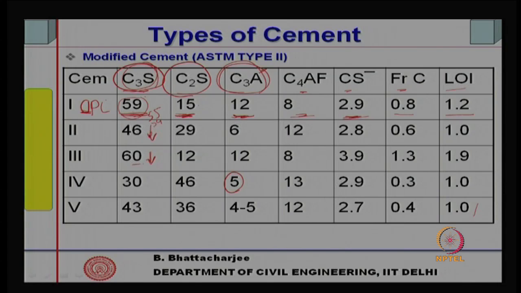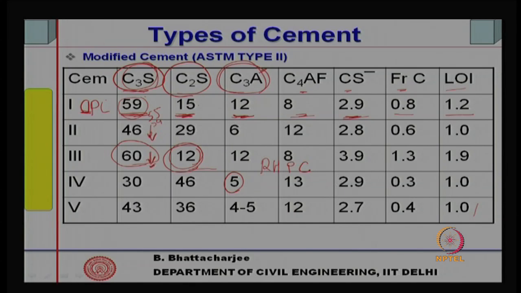Now, this has got the highest C3S, therefore, it would give you high early strength. Recall type 3 is nothing but RHPC, rapid hardening Portland cement, and it has got the highest C3S, least C2S compared to these two.